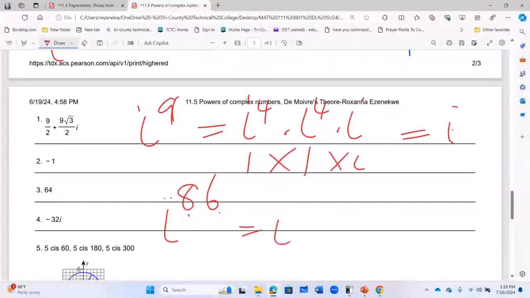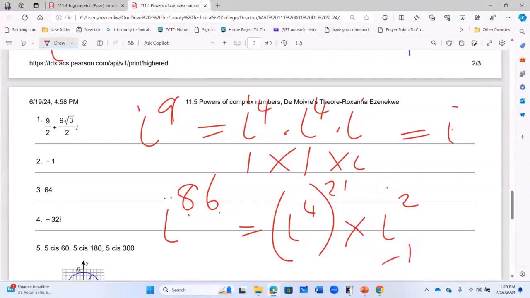So I have i to the power 4, 21 times, then multiplied by i to the power 2. 21 times 4 is 84, then plus 2. i to the power 2, I already know, is negative 1.